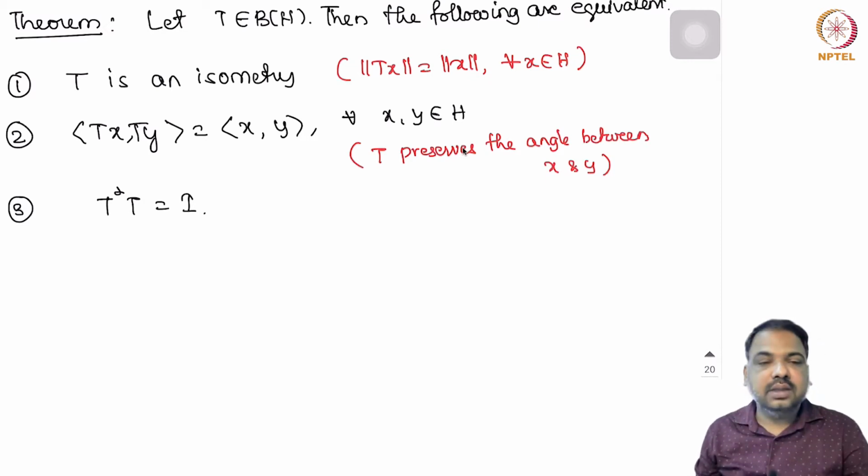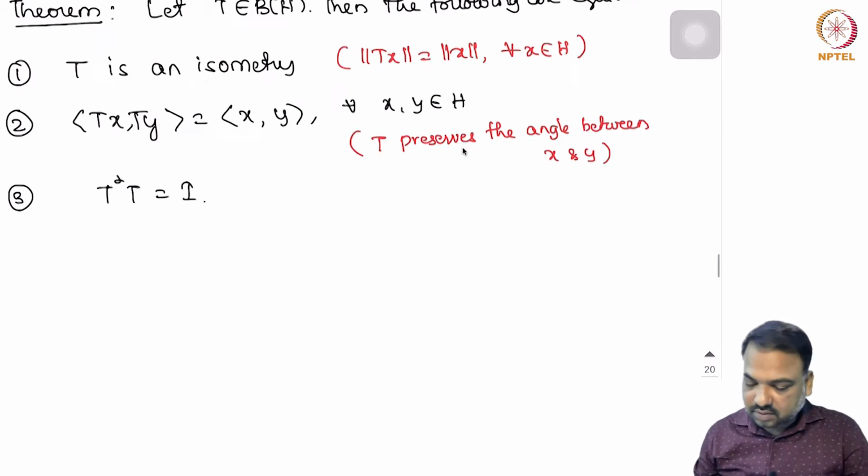And the third condition is expressed in terms of the adjoint. Earlier we defined self-adjoint and normal operators in terms of the adjoint only. For an isometry we defined it in terms of distance, but that is equivalent to T star T being identity. That means we can define an isometry in terms of the adjoint of the operator.